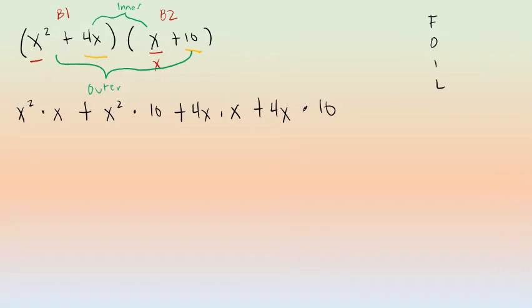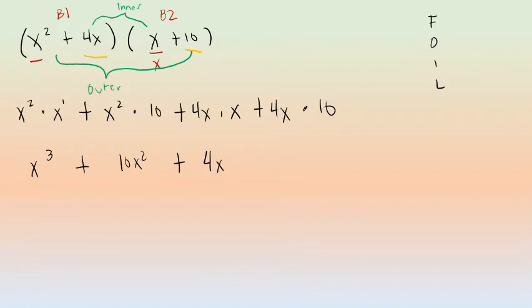So here, first term, copy the base, add the exponents, that will be x cubed, plus x squared times 10, that is 10x squared, followed by plus 4x times x. So we have your same base being multiplied with each other.